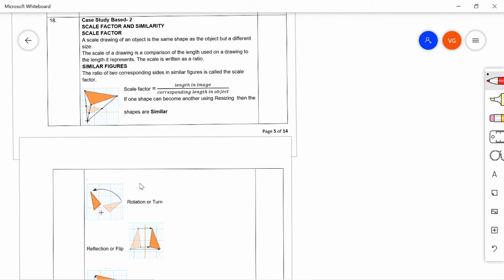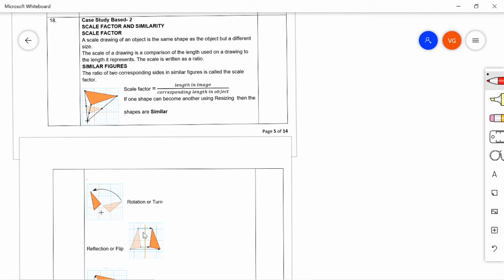Not only that, suppose I have a triangle here, and they have rotated it on the graph sheet. They have changed the position of the figure, and then also we can say these two figures are similar.